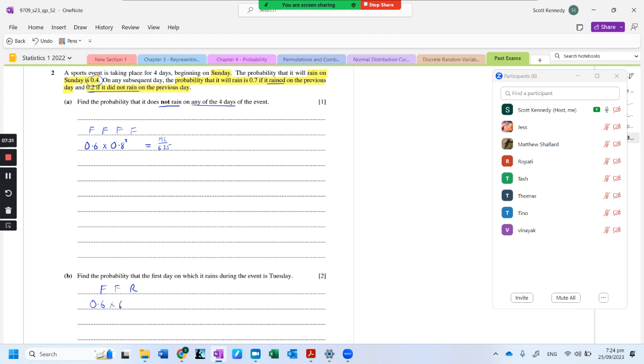Fine on the second day if it was fine on the first day is 0.8. Now, what's the chance that it rains if it was fine on the previous day? 0.2 if it did not rain on the previous day. So we want to multiply by 0.2 here. And when we put that into the calculator, we get 12 over 125.